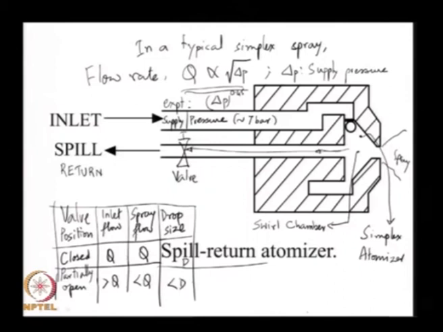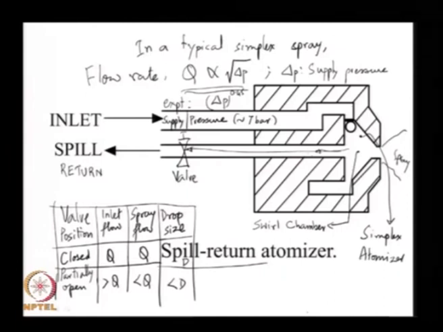So, as you open the valve, the spray flow rate decreases, and because you are putting in a higher angular momentum through the higher flow rate, because the inlet flow rate is greater than Q and all of this inlet flow rate is coming in through tangential passages, but the flow going out is not taking back any of that angular momentum, it is only taking out linear momentum.